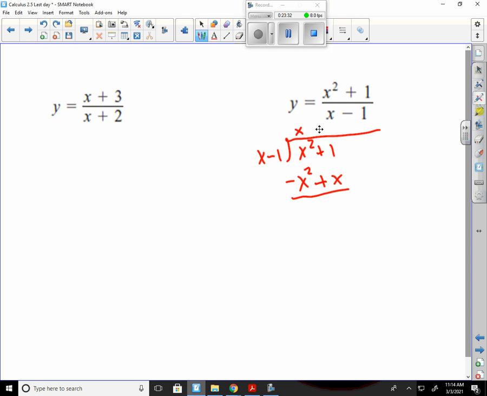Now, I don't know how much you remember from Algebra 2 when you did polynomial division, but it is important to make sure that you don't do something careless. These cancel out. They erase each other. If I do 1 plus x, that doesn't work. Make sure you leave a placeholder in anytime you're skipping a term.